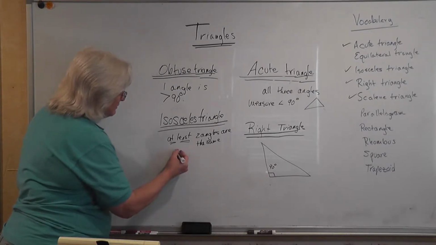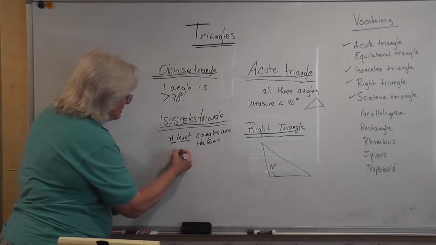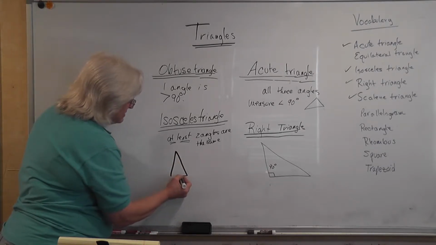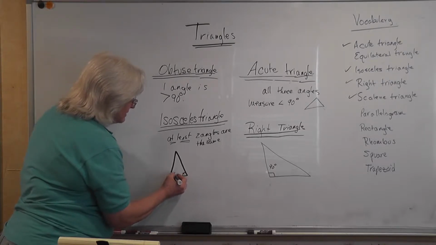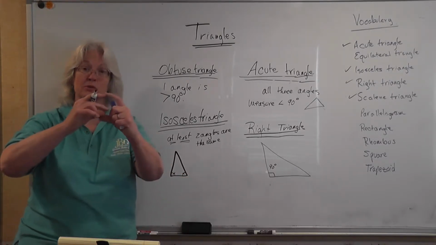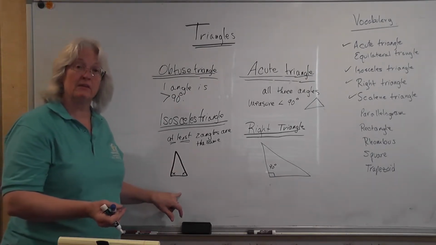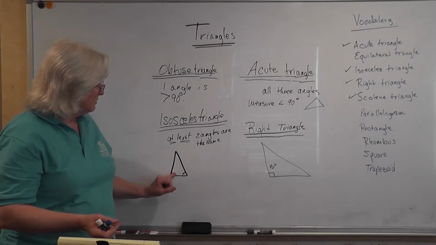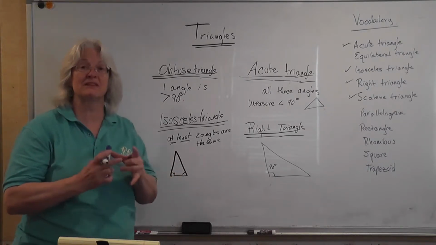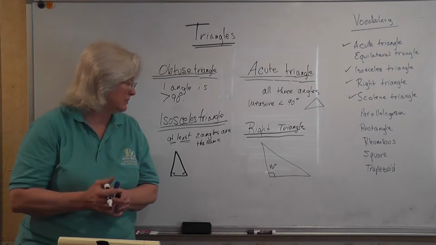You could not draw it perfectly either, but the idea of an isosceles triangle is that at least two of these angles here are the same. And when you have that little circle, that little connecting line there, that indicates it's an angle. And when you use that little hash mark, that means that angle is the same.